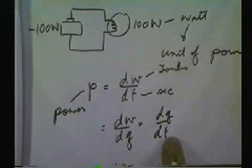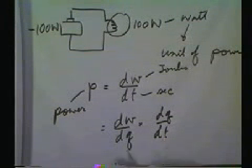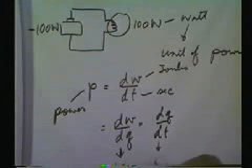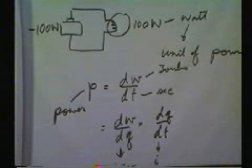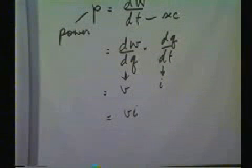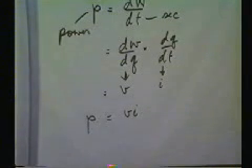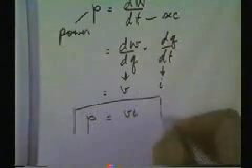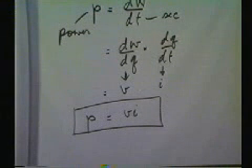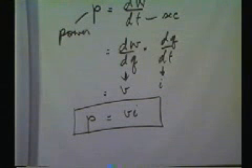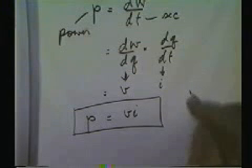And this one is I. So the power is equal to V multiplied by I. P is equal to IV.